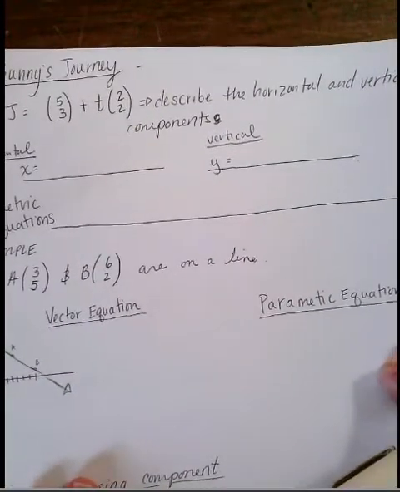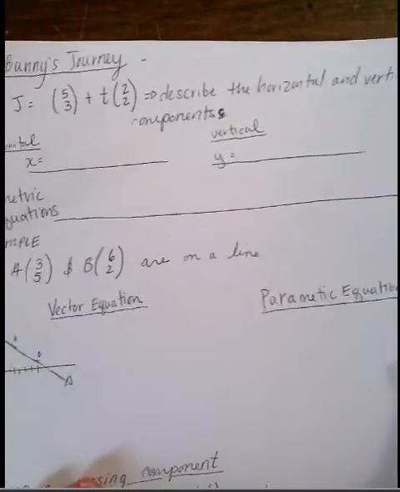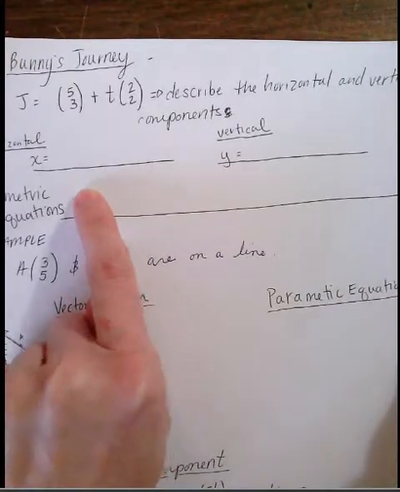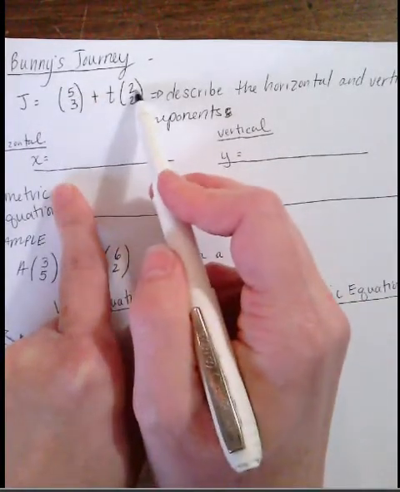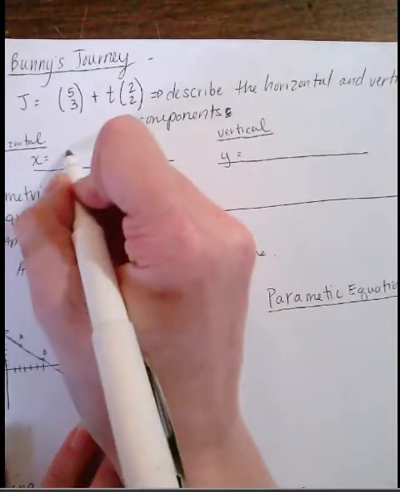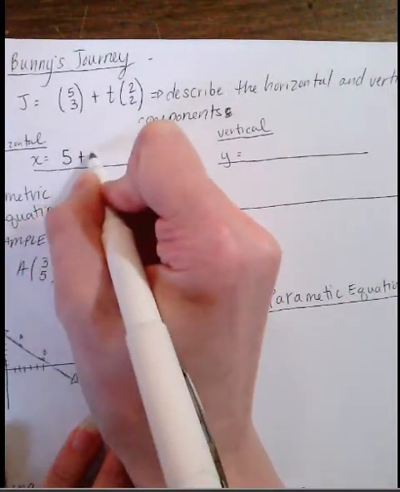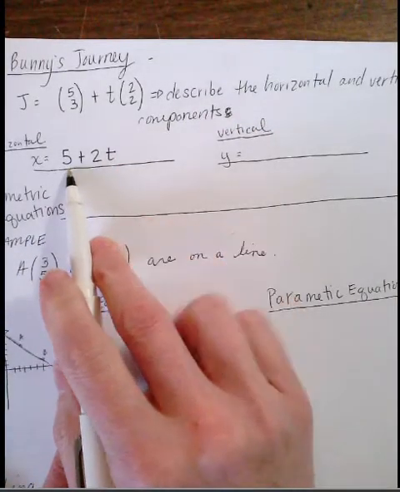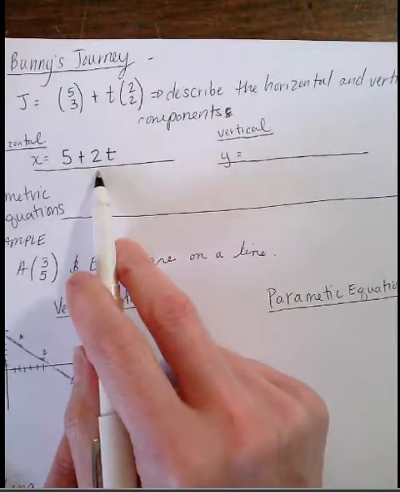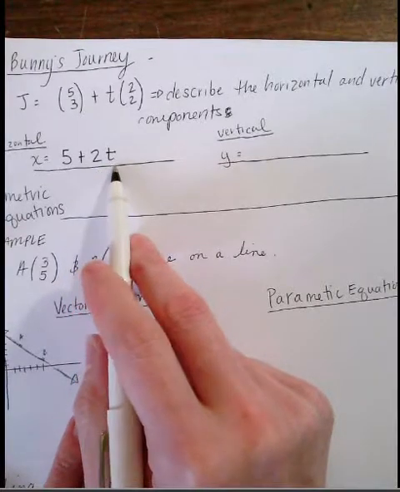So here is a different way of looking at the same scenario. We could say that the 5 and the 2t represent where Bunny is along the x components. She began at 5 in terms of the x, and then she's moved 2 every step of time in the x.